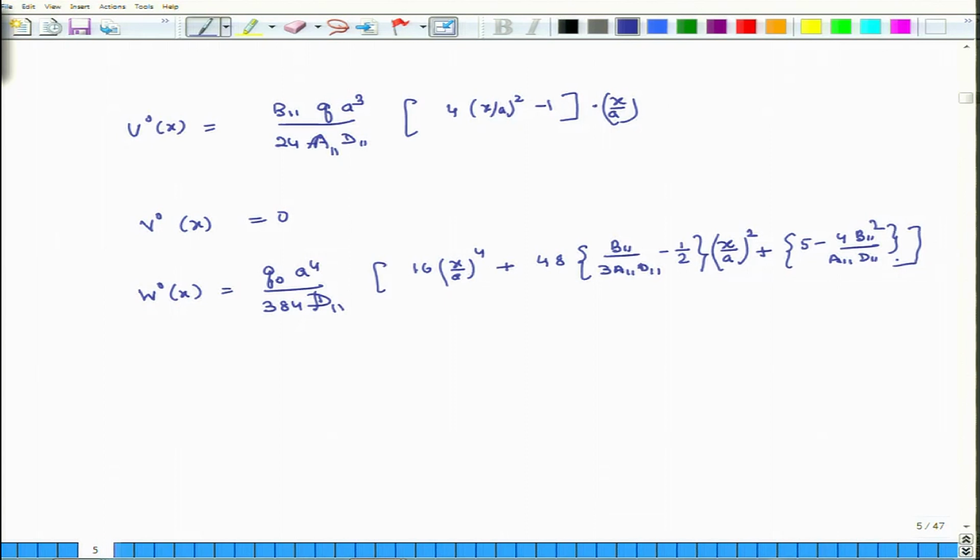Okay. So, these are the solutions for case D.